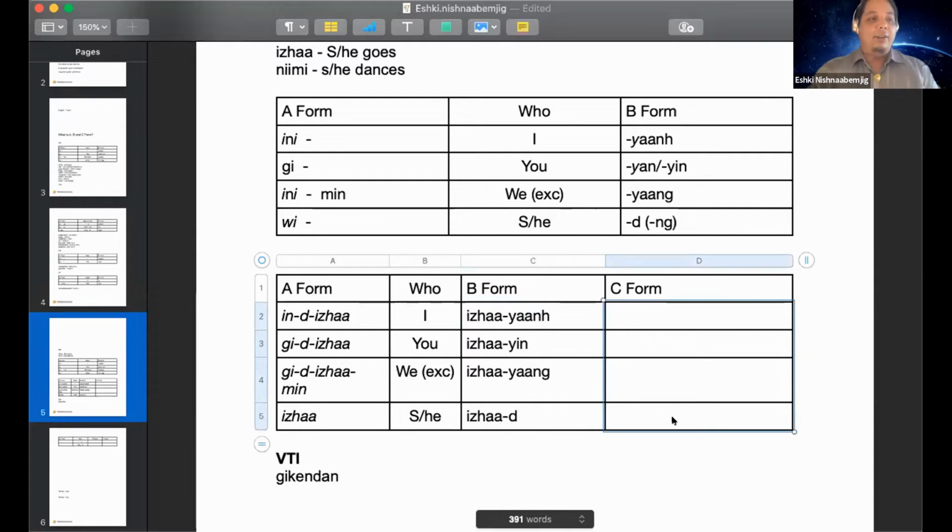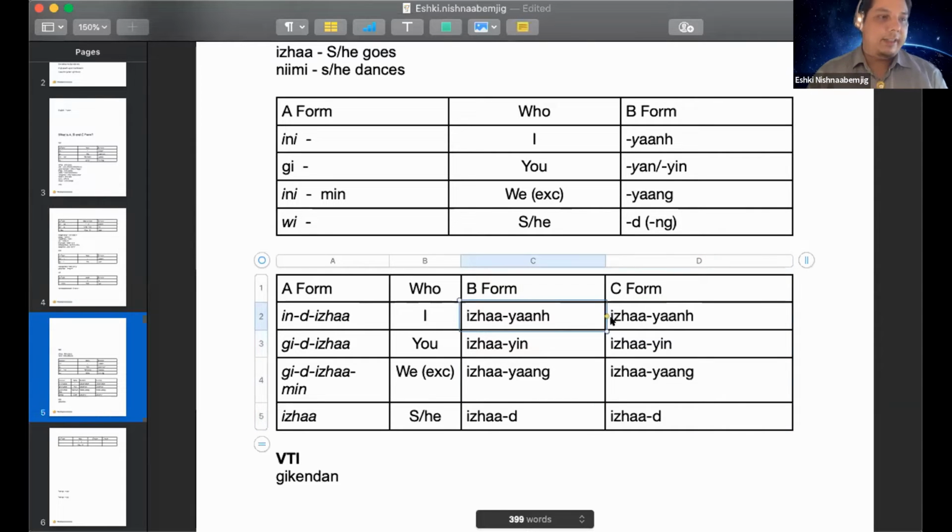All right, so now to go from A form to get to C form, we have to put our verbs into B form. And then we have to make our initial change. C form, change form. It's also known as conjunct form. Ezhi-nsastamaanh. So I'm a cheat because I'm doing it on a computer.